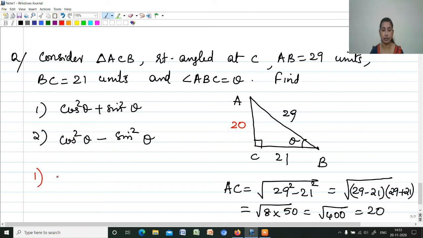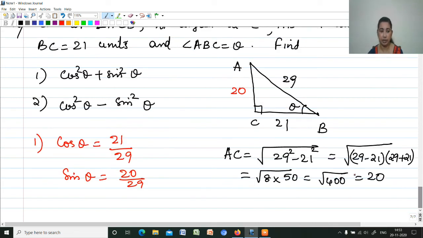Now we can write the answers. First question, we need to find what is cos theta. Cos theta is adjacent by hypotenuse, that is 21 by 29. And what is sin theta? Sin theta is opposite side by hypotenuse. So opposite side is 20, hypotenuse is 29. So we need to find what is cos square theta plus sin square theta.